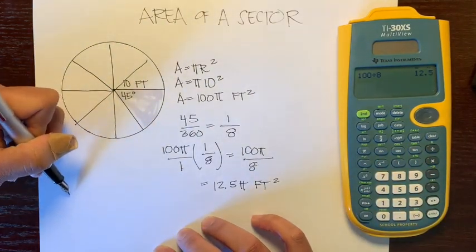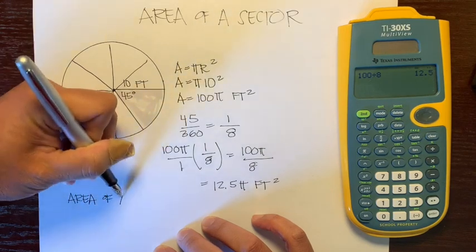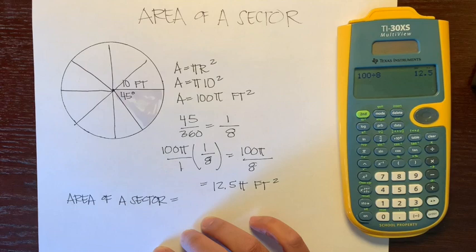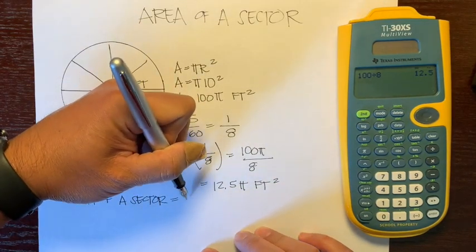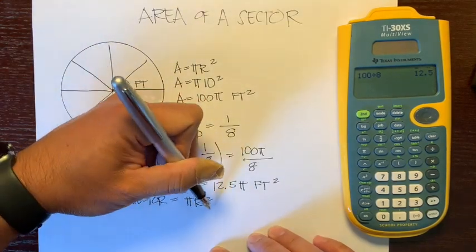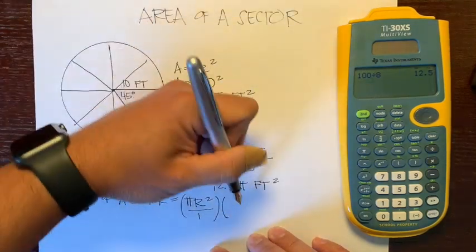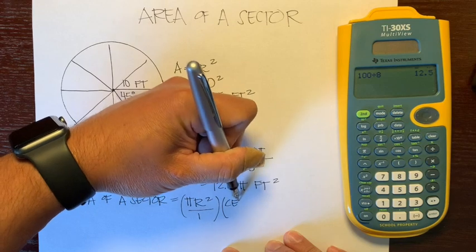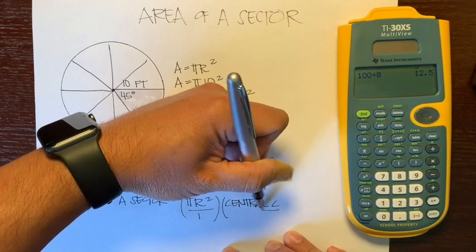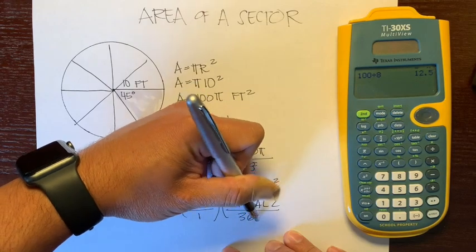The area of a sector is equal to pi r squared over 1, times the central angle over the degrees of the entire circle, which is always 360.